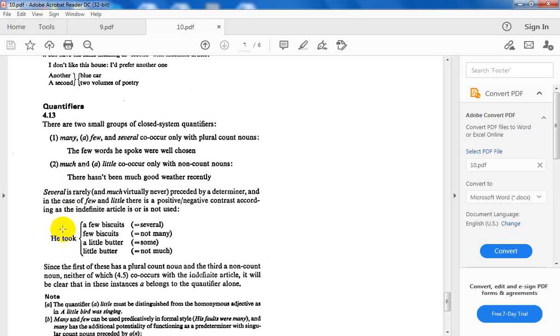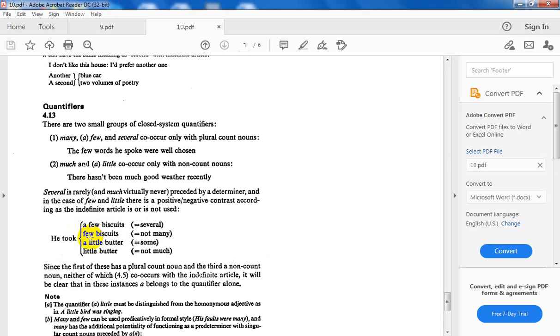Let us see. He took a few biscuits. A few, meaning several, the meaning is positive. So if you have a with few, you will get a positive meaning.